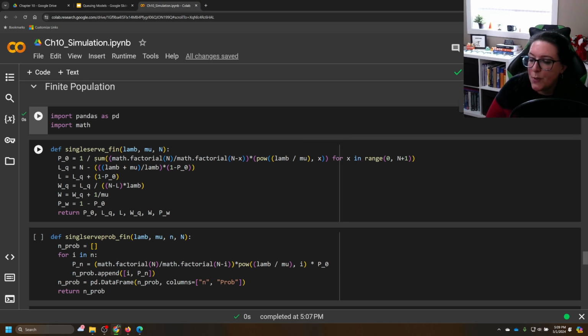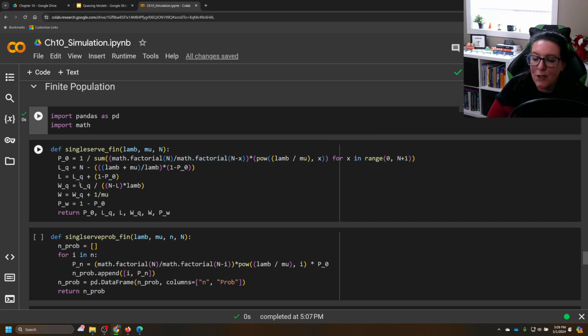And so what we're going to do is sum for x in a range 0 to, and we want to include N. So remember, ranges go up to but not including. So we want to make sure we capture it by doing N plus 1, not just capital N, because we want to include N. And so then we have lambda over mu to the power of x. So that's what this part of the formula is. And then the math.factorial is for those exclamation marks in the formula.